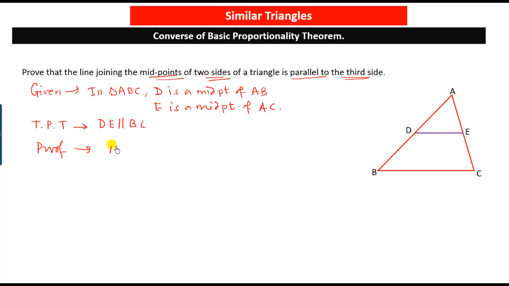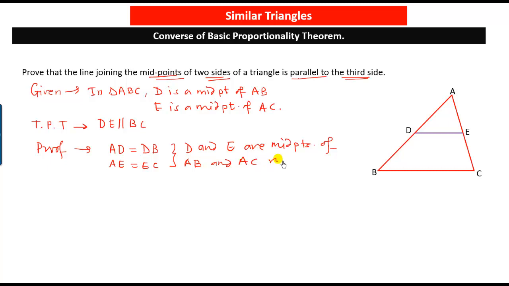Therefore we can say that AD is equal to DB and AE is equal to EC. Reason: D and E are midpoints of AB and AC respectively.